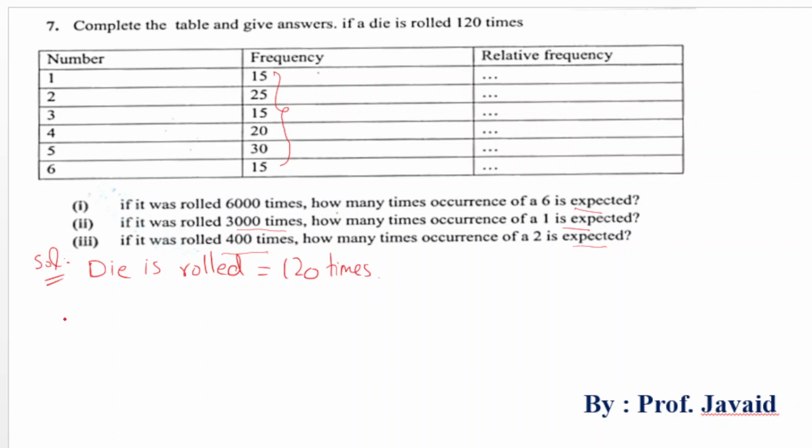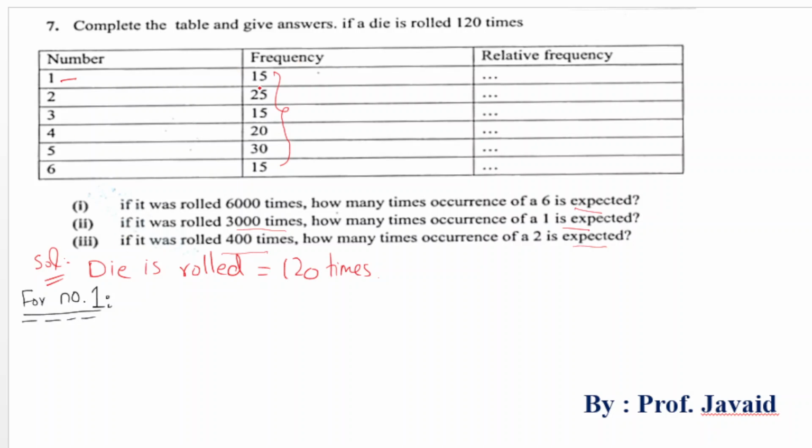First of all we will solve for the number 1, because no name is given, so number 1. So write here for number 1, like this. Okay, so let's solve for number 1.